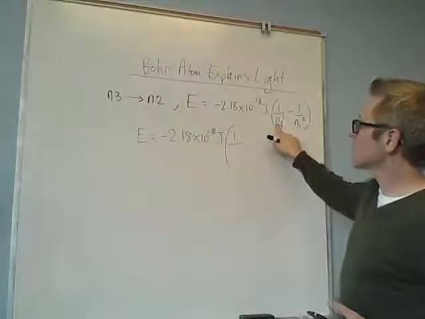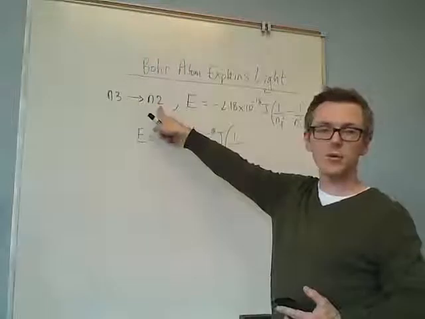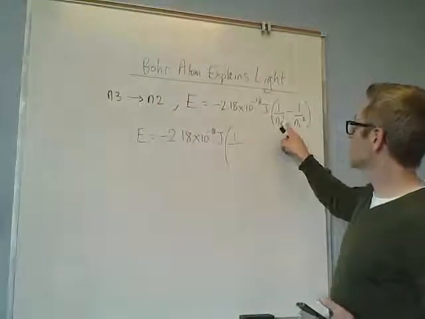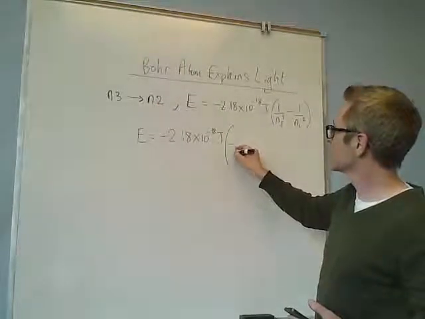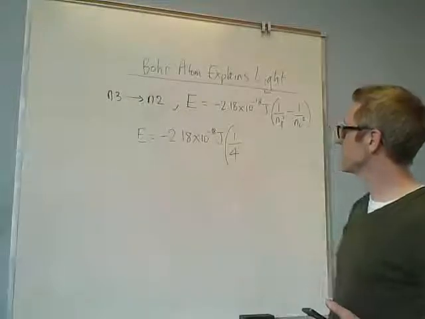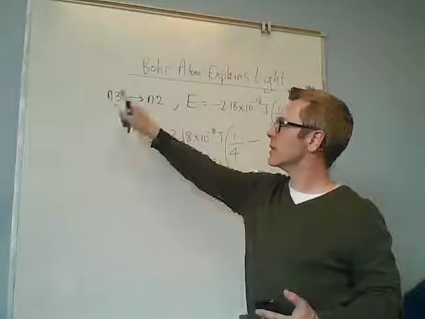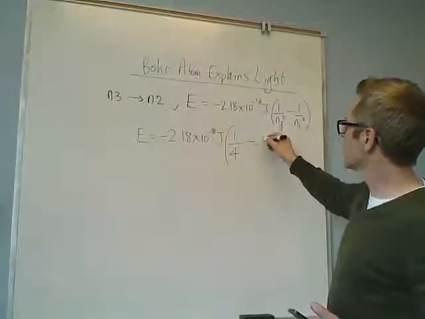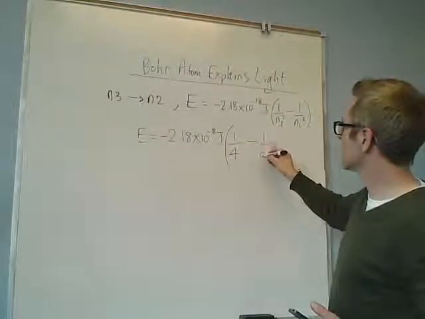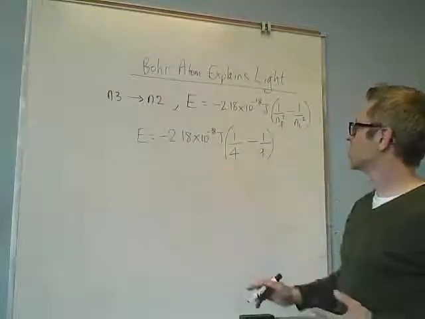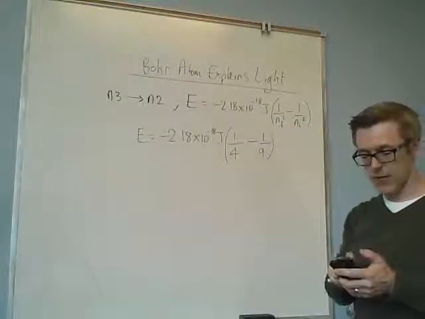Now the final energy level was energy level 2, so it's 1 over 2 squared, which is 1 over 4. The initial level was 3, so it's 1 over 3 squared, which is 9. So it's best to do the bracket first, get that out of the way.